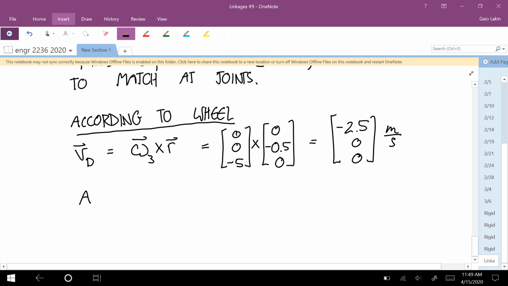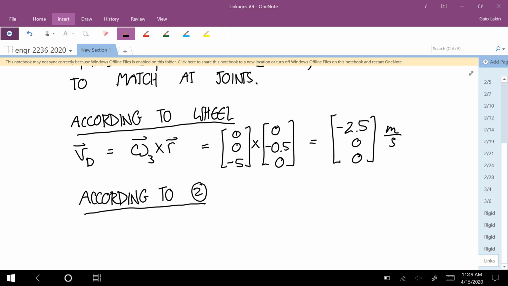Now, we'll come up with an expression for the velocity of D according to body 2. And this one, we're going to have to use relative motion because there are no fixed points on that.